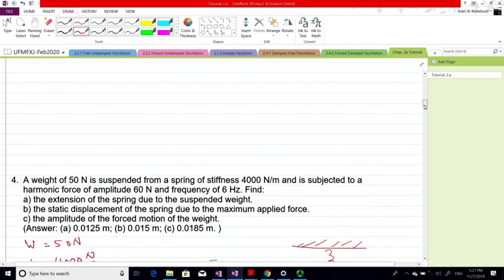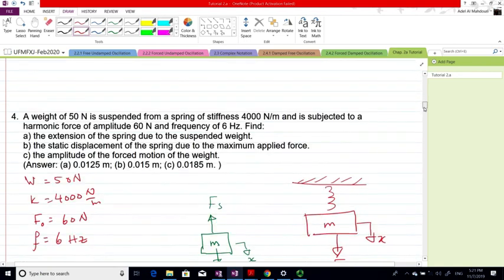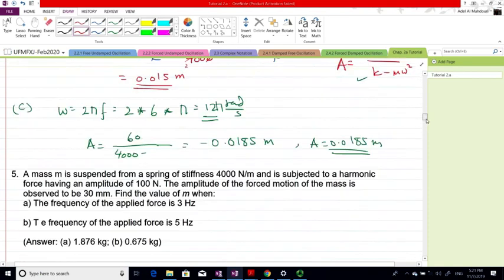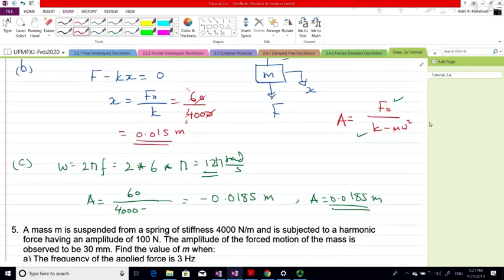Can we find m? Where is the weight given? They give us 60 or 50?